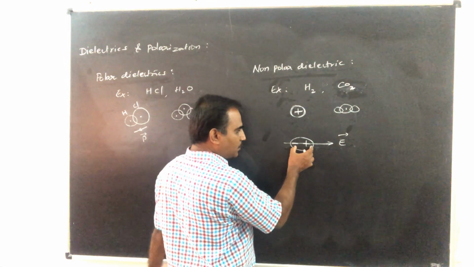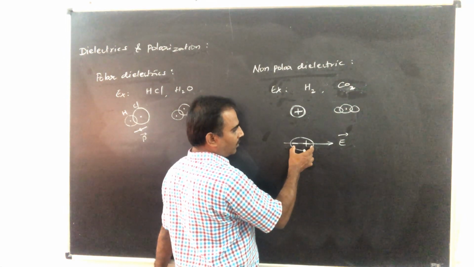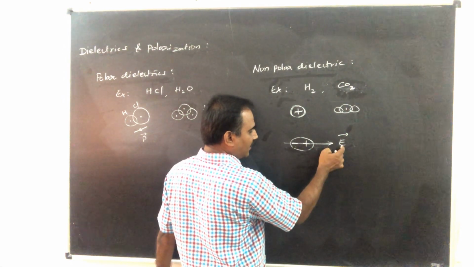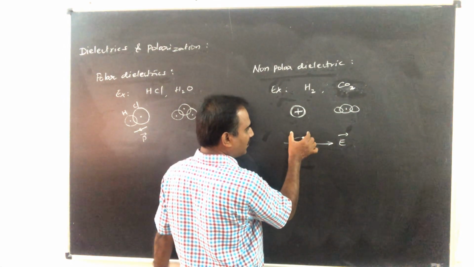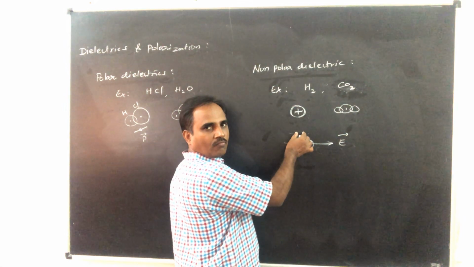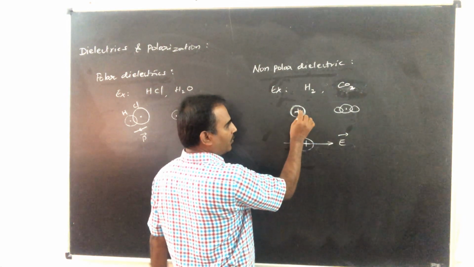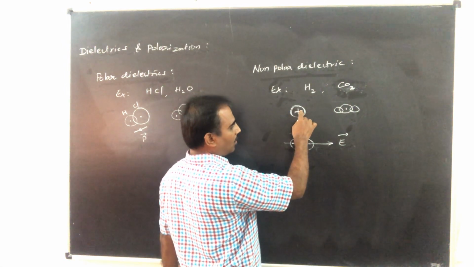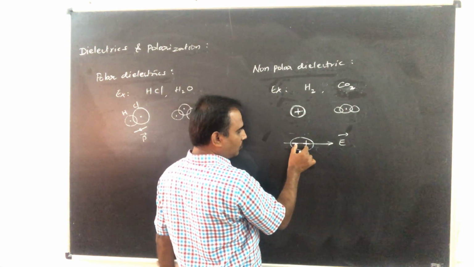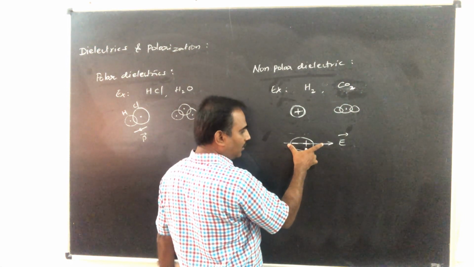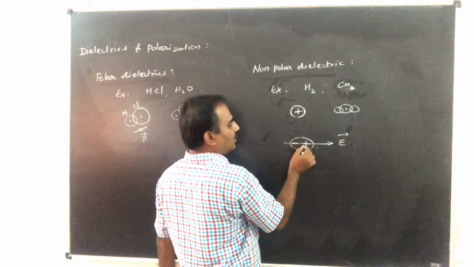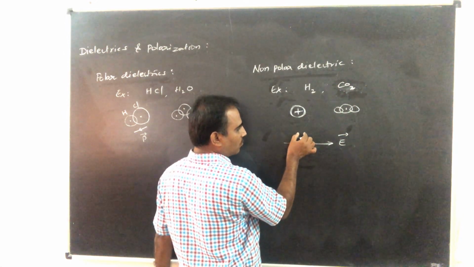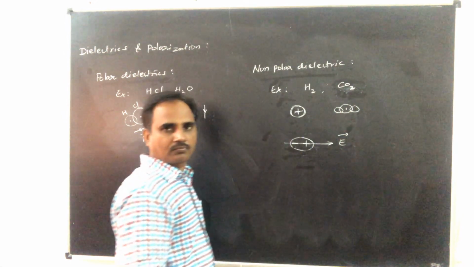By how much they get displaced means the force on these two charges due to electric field becomes equal to the force of attraction here. Understand? So when you apply electric field on a non-polar molecule, the positive charge and negative charge get displaced till the force in this direction becomes equal to the electrostatic force of attraction between them.